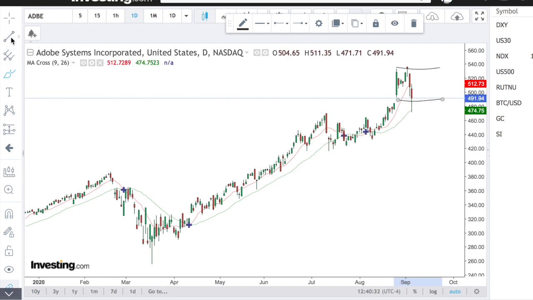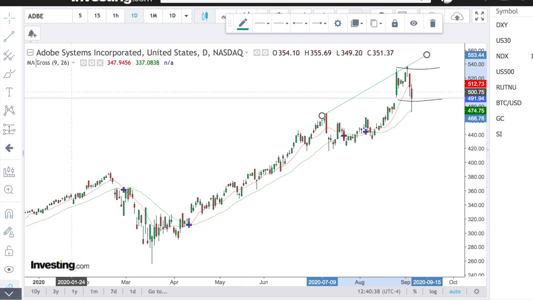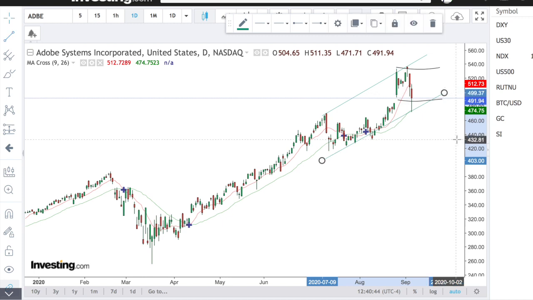But I think the more interesting story is these highs right here. They form a nice channel for Adobe to keep on chopping. So really, Adobe formed a channel going upward, and it's currently in the middle of the channel, right around where the 9-day moving average is.